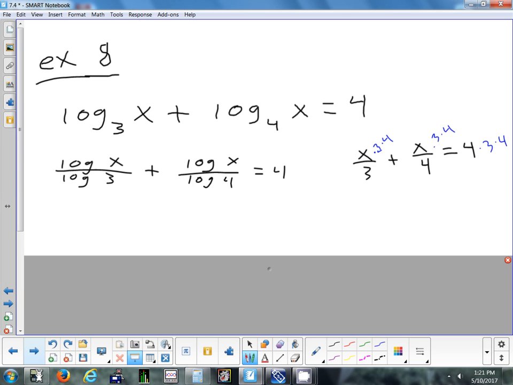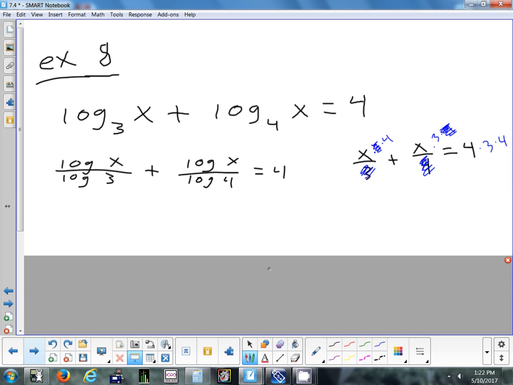On the left, 3 in the top, 3 in the bottom. 4 in the top, 4 in the bottom. So now all I'm left with is a number times a letter, a number times a letter, and a number. Okay, I'm going to do the same idea here. What would I have to multiply each fraction by on the left to cancel out my two denominators? 3 and 4.